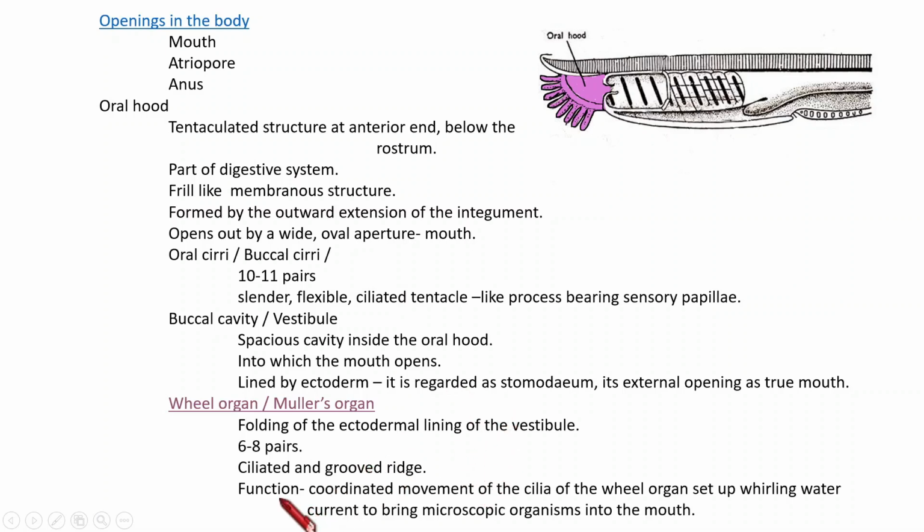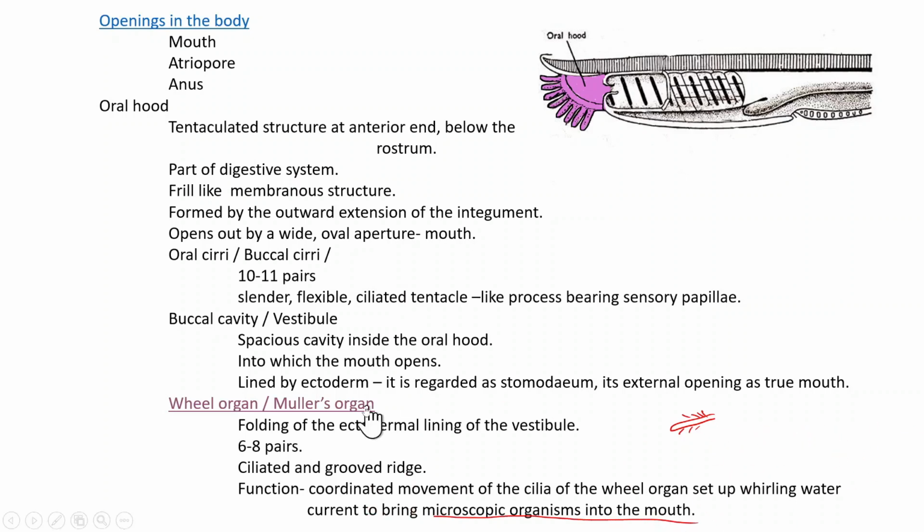And what about the function? Because of the coordinated movement of the cilia on each fold of the wheel organ, it sets up a whirling, rotating vortex of water current for what? To bring all the microscopic organisms into its mouth.